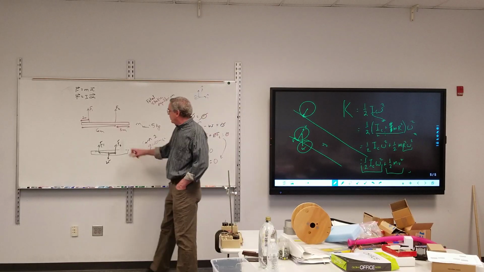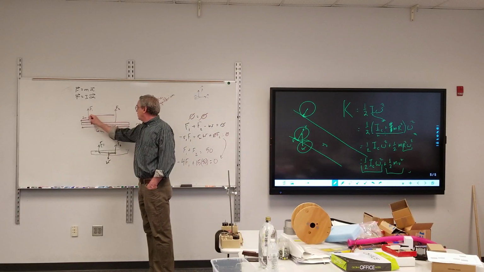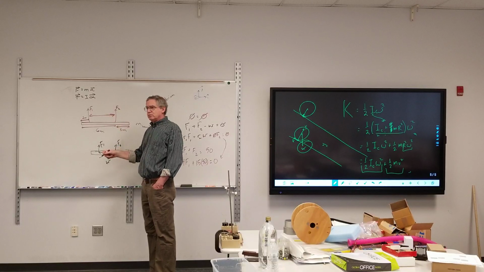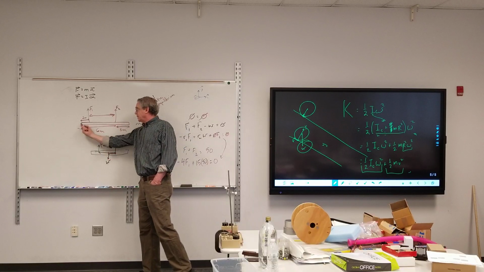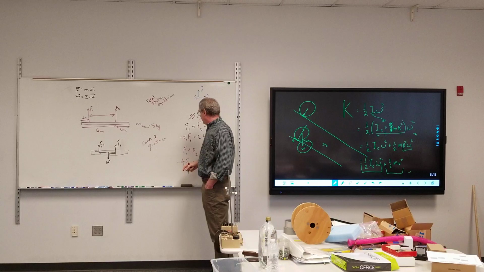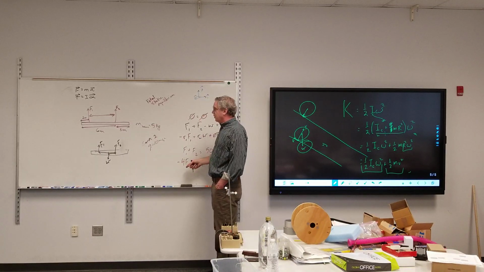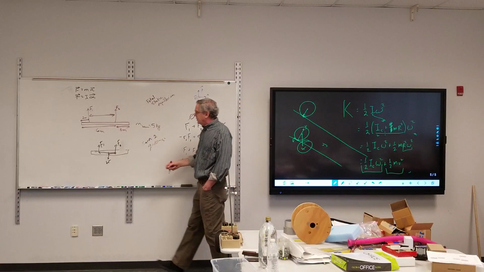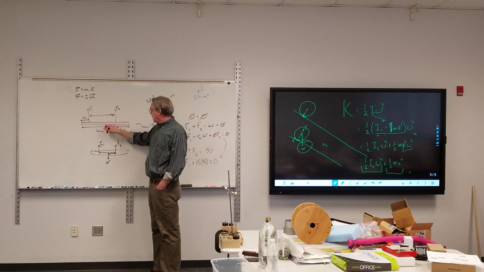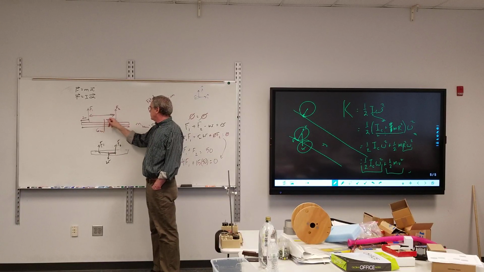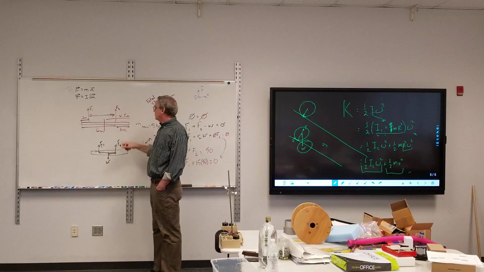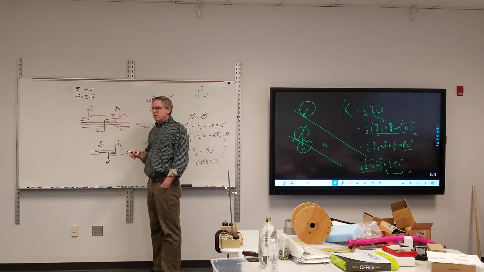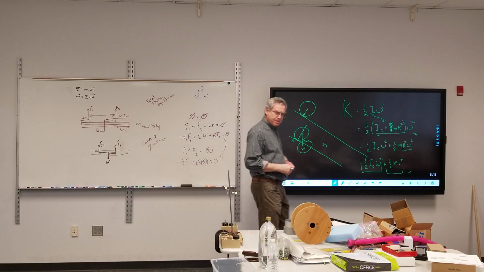R1 is a vector from here to here, which is 4 meters, because that's 6 and that's 2, so that's gotta be 4. And so negative 4 times F1, and then the weight is in the center. So it's a 9-meter long beam. So therefore this is 4.5 meters. And so that has to be 1.5 meters. Okay, I see.